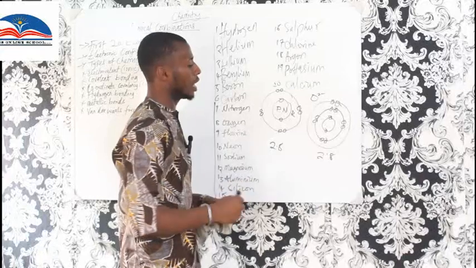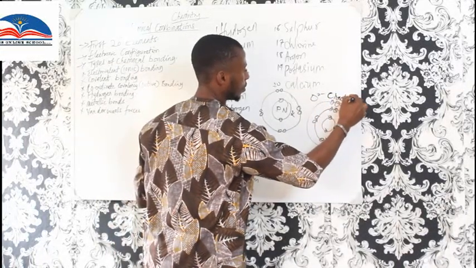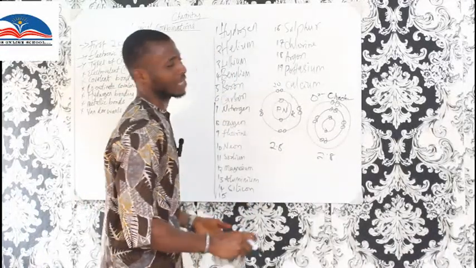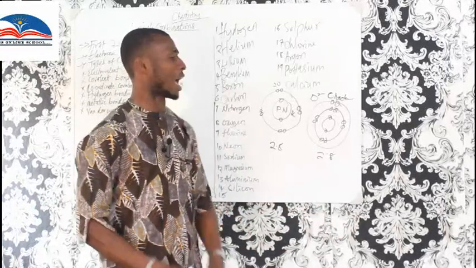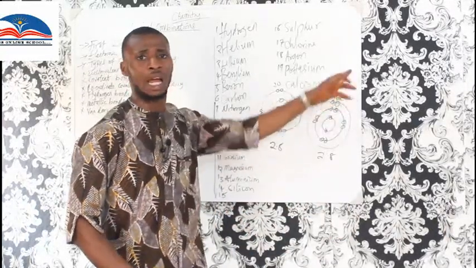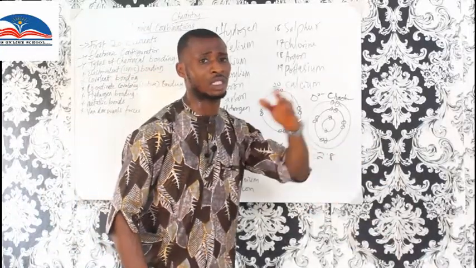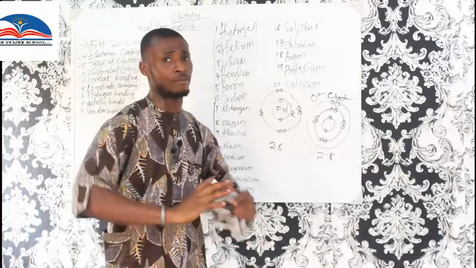Now this character of giving is always performed by metals. Metals have this capacity of giving electrons. A metal that has 1 electron in the atom shell will give it out. Any metal that has 2 will give it. Even if it has 3, it will give it out. That's the nature of metals.